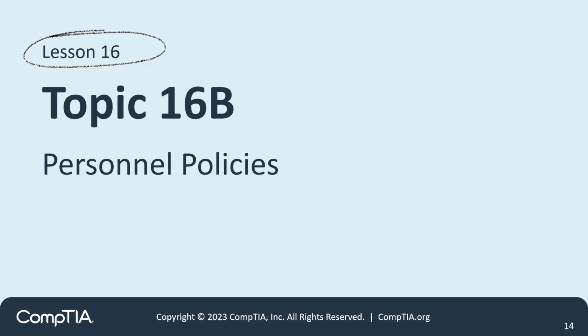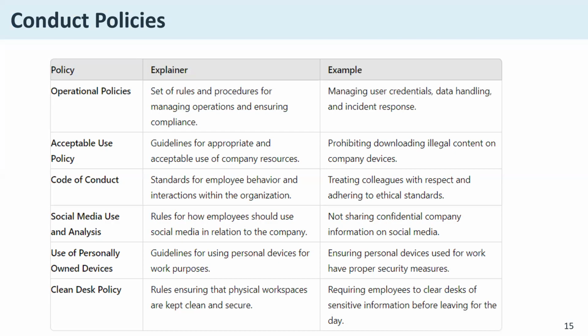So in personnel policies, we're looking at the policies that concern the individuals that work within the enterprise. So we just want to have a set of rules and procedures for managing operations, for doing stuff, right? There are a few of them. You have the acceptable use policy, code of conduct, social media use and analysis. Because some people just work in a company, work in an enterprise, and they use social media anyhow they want to use it.